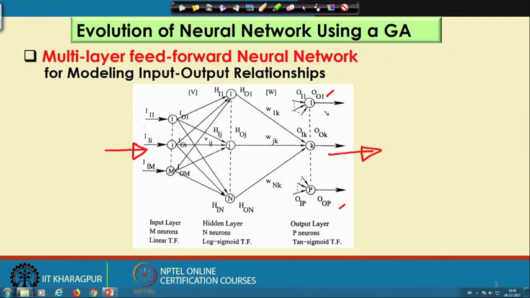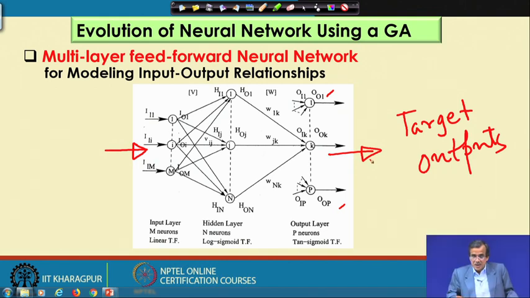So, the calculated output will be compared with the target outputs, and through this comparison we will try to find out what is the error or what is the deviation in prediction. And if I know this deviation in prediction, I will pass it in the backward direction for the purpose of training of this network, so that this network should be able to make the prediction more accurately.